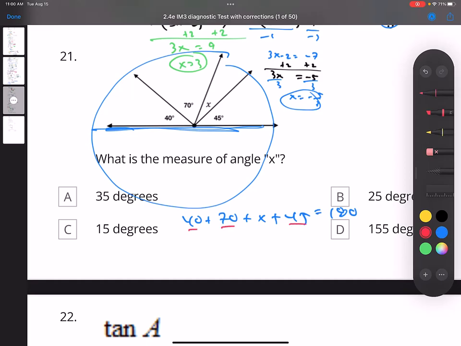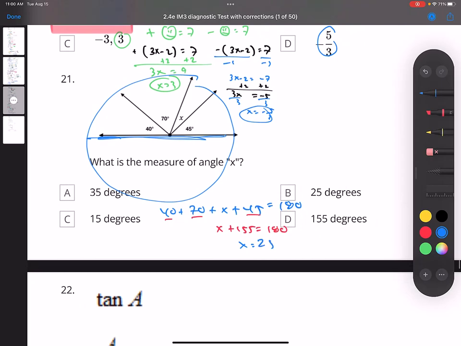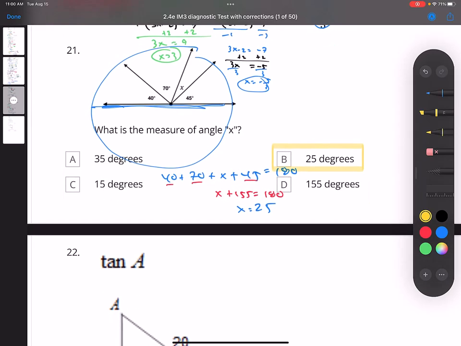So 110, 155. And just subtract 155 from both sides and you'll get 25. So if you put in 25 there, you guys make some number sense here, add them all up, and you should get 180 degrees.